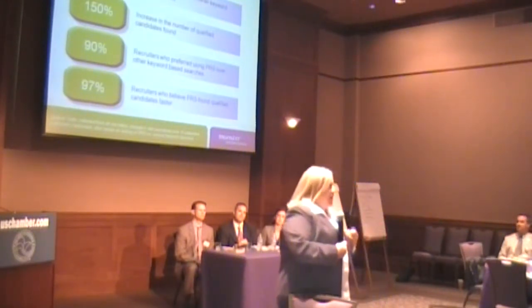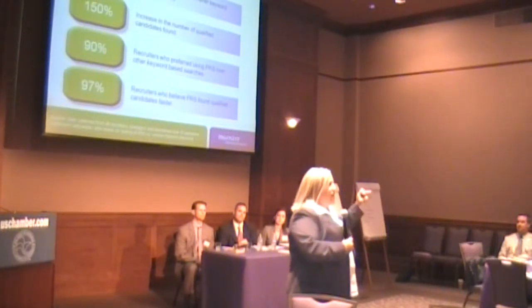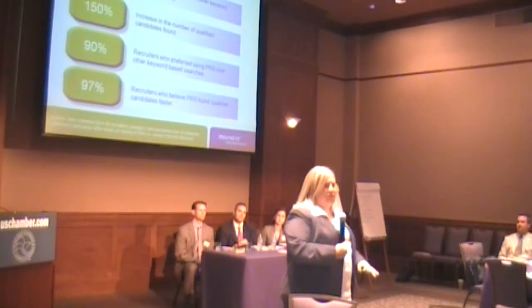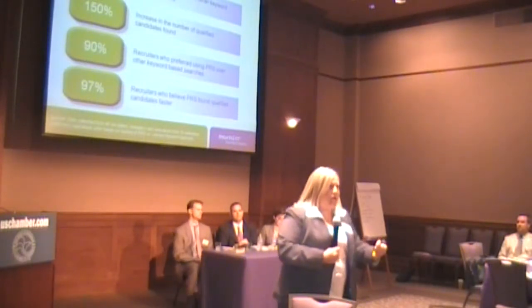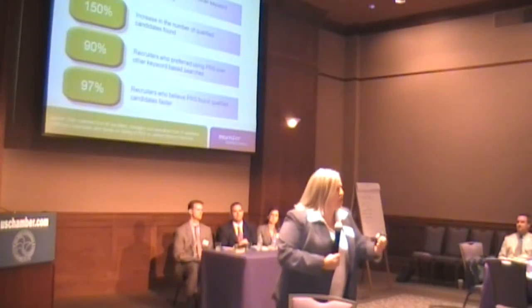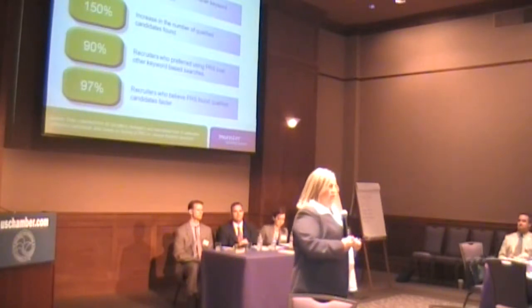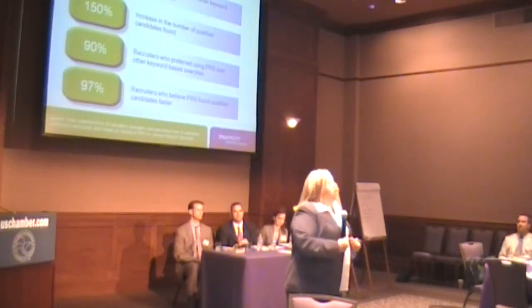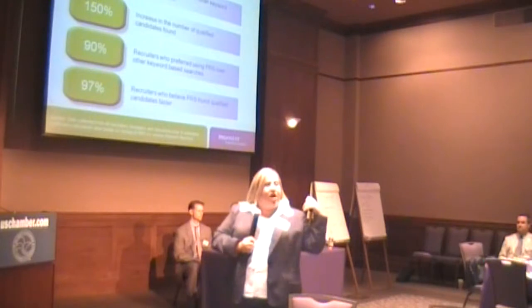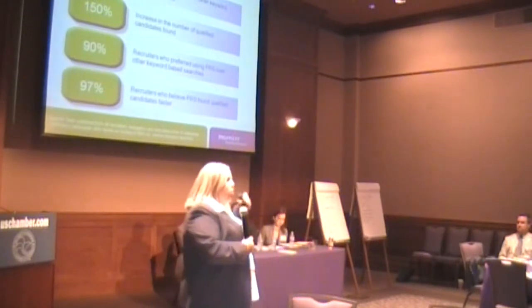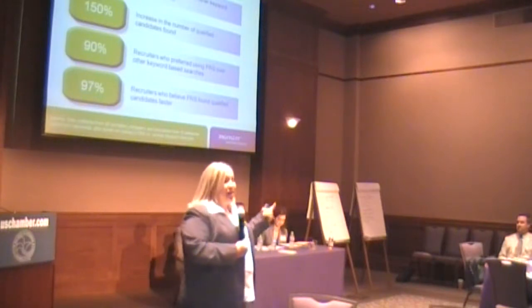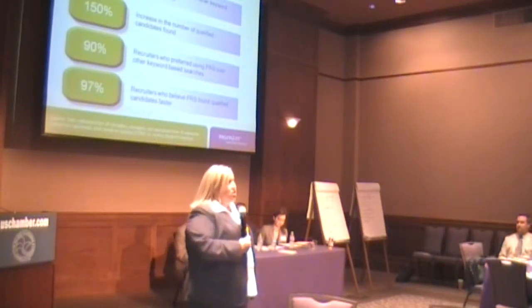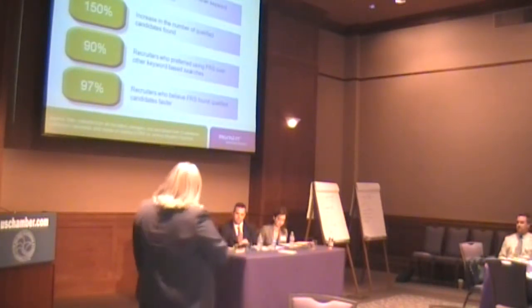So if I have on my resume that I'm a J2EE engineer and I talk about all of this experience, I'm perfectly qualified for your job, but I may not be coming back in your search results because you're searching on Java and I have J2EE. So when I say 150%, that's just saying you're finding 1.5 people to every one that you were finding before. And you're finding them faster. There's a lot of power behind that.